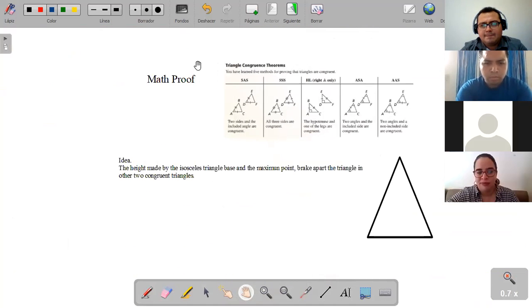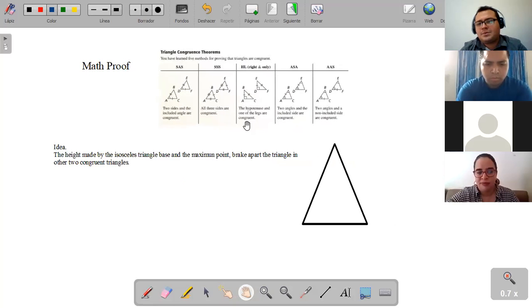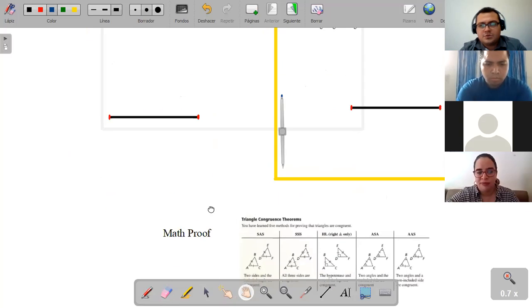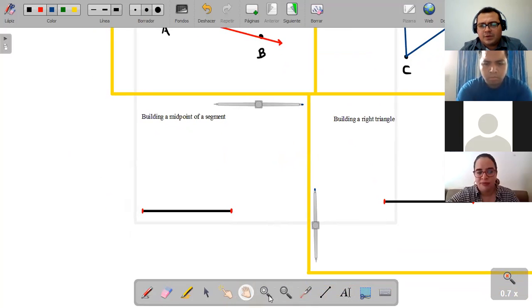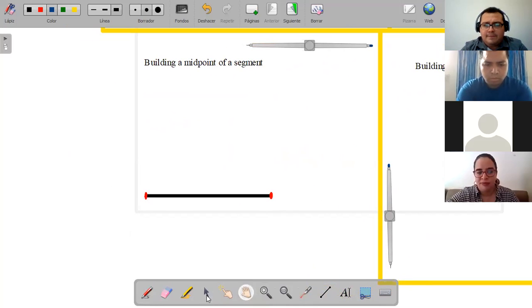Se las voy a dejar ahí para que vean cómo se desarrolla. Esto es la geometría que deberíamos estar enseñando. Sin embargo, no se le da importancia porque no se le ve el uso.